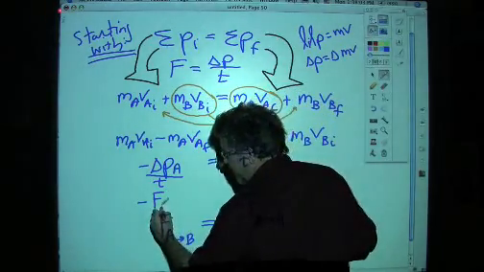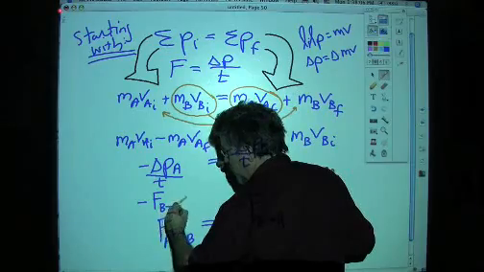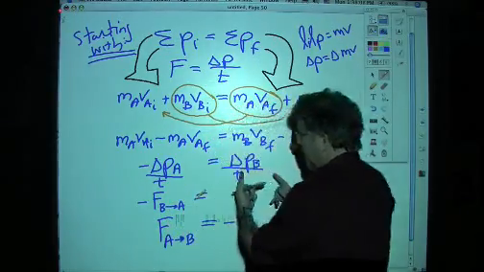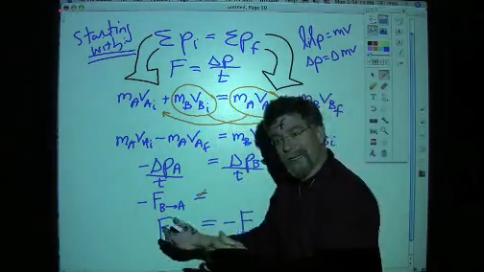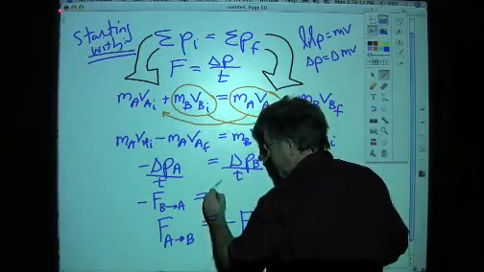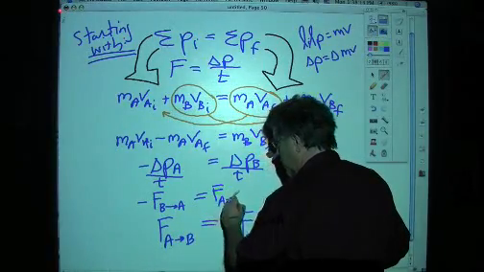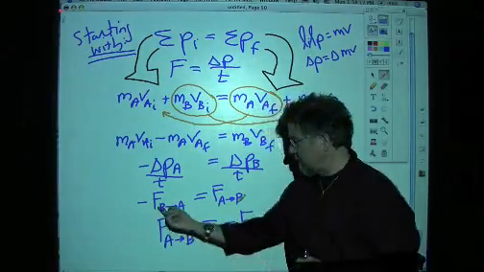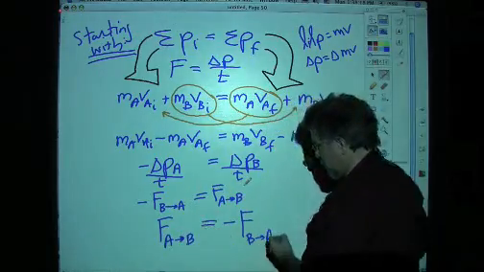So this is the opposite of the force of B on A. And then this is the change in momentum of B, which is caused by the force that A put on it. So that's equal to the force of A on B. Now if you look at it, all I have to do is flip those and I have Newton's third law.